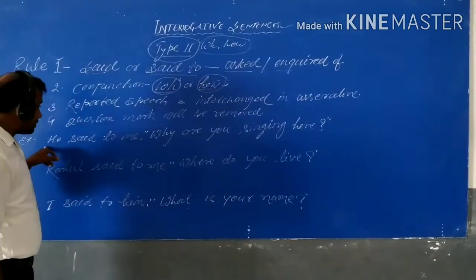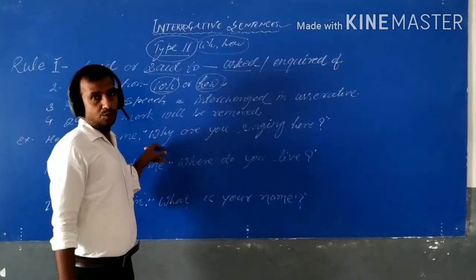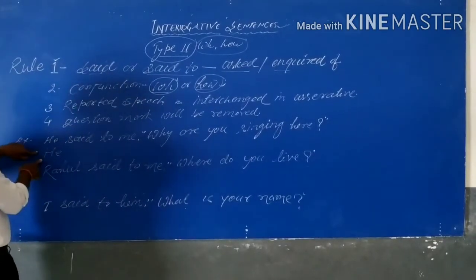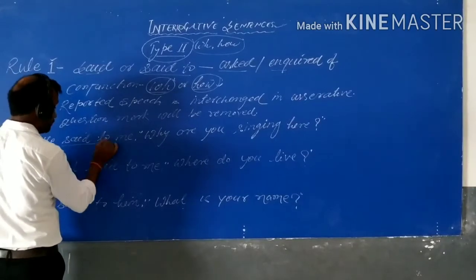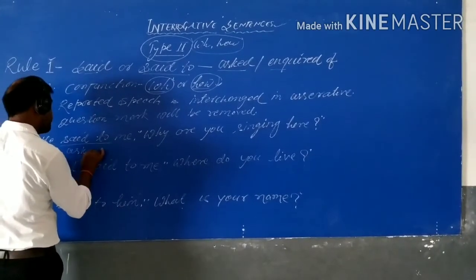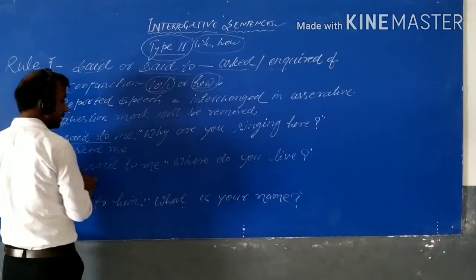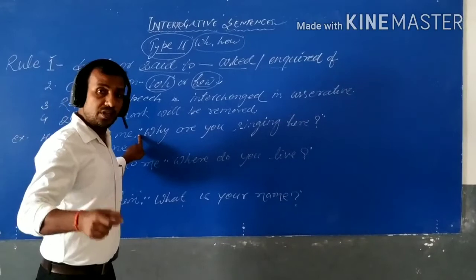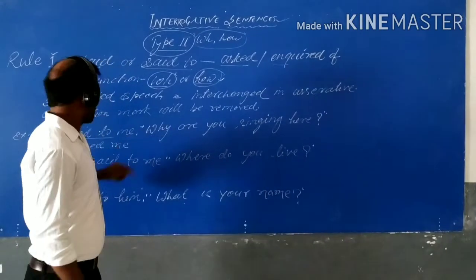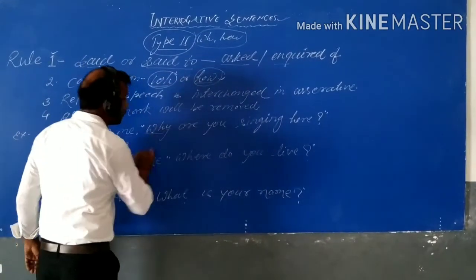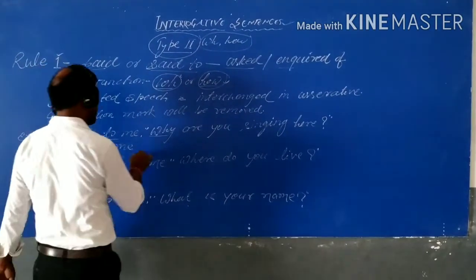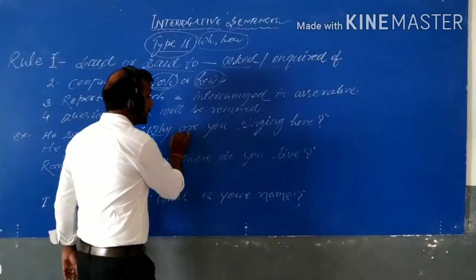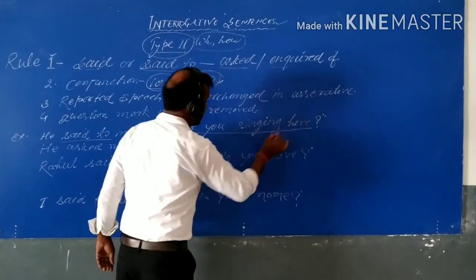Now let's interchange this sentence into indirect speech. So "he" is used as "he", "said to" will change into "asked", "me", and there is no need to use "if" or "whether", because the WH word itself is used here as a conjunction, that means "why", and the rest of the sentence will change into an assertive sentence.